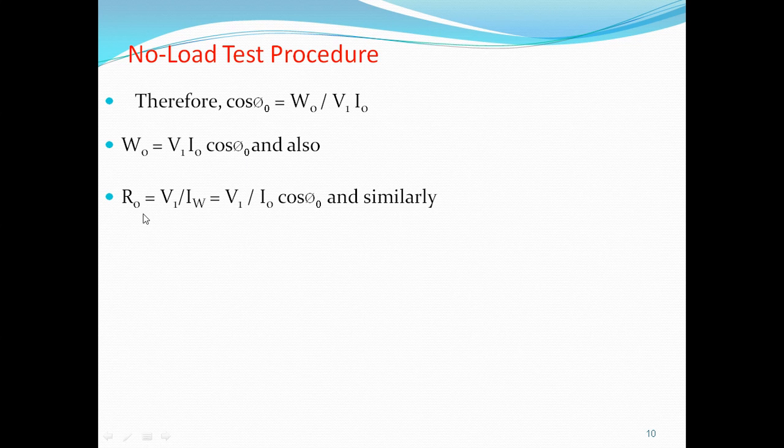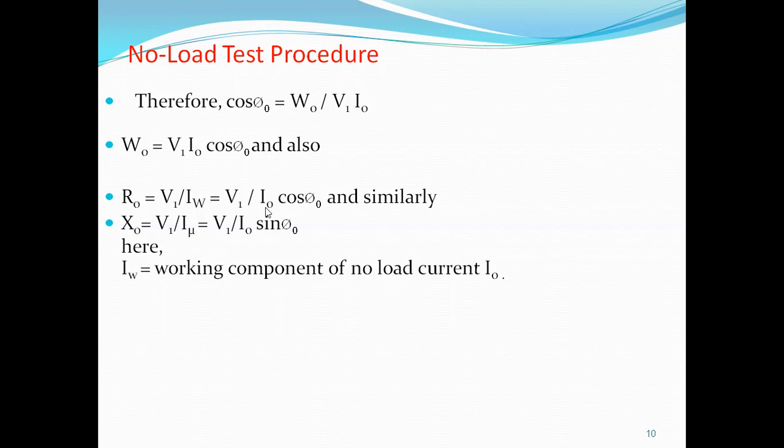So R naught is equal to V1 by IW, that is equal to V1 by I naught cos phi naught. Similarly, X naught is equal to V1 by I mu, that is equal to V1 by I naught sin phi naught.